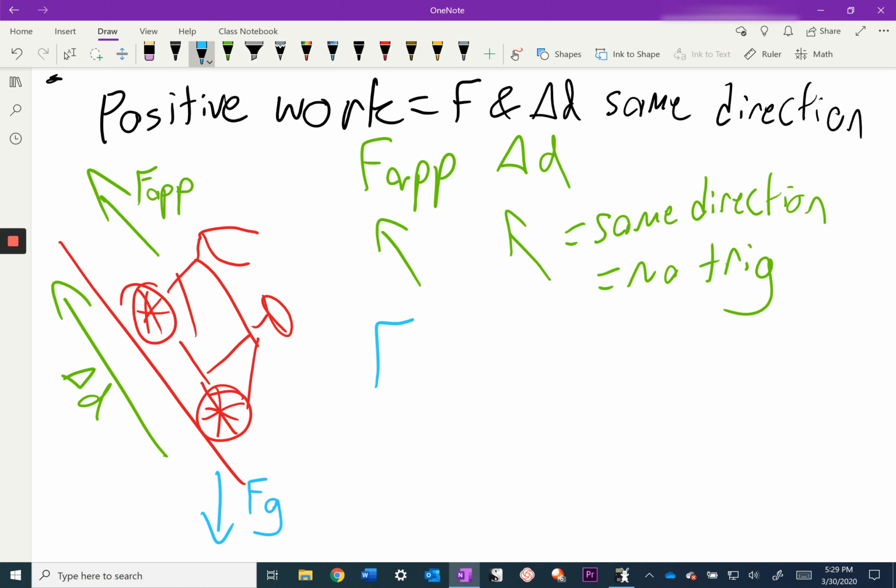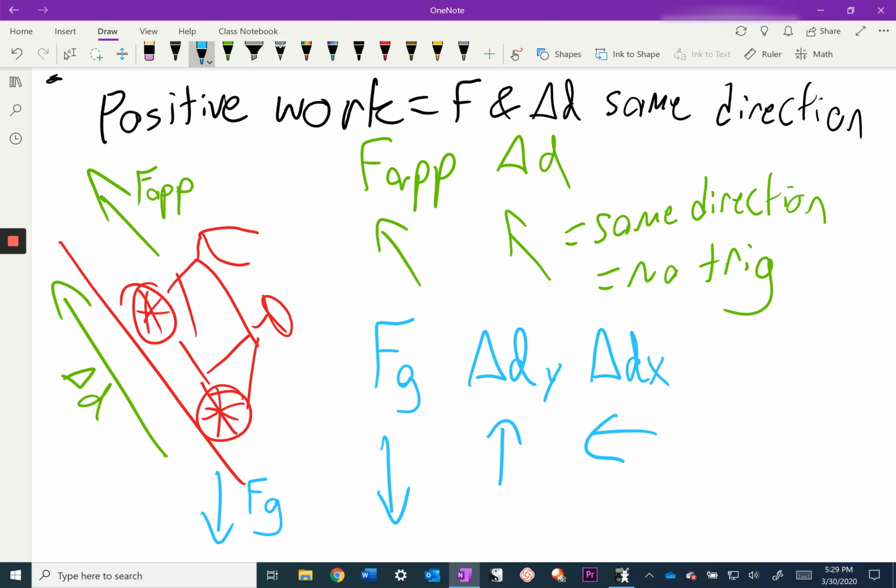So our force of gravity is pulling down, and our displacement in the y is going to be up, but our displacement in the x is going to be to the left. Now, because of this, we don't care about the displacement on the plane different from the force.